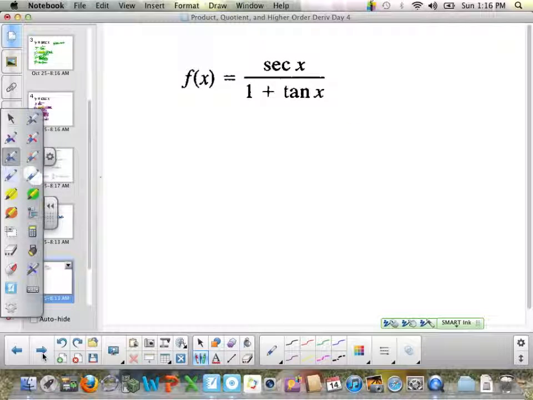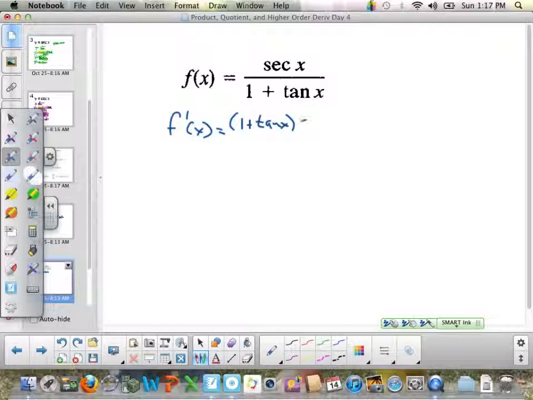F of x equals secant x over the quantity 1 plus tangent x. Couple ways we could look at this. The easiest way would be to use the quotient rule, because we got a division. So we'll go f prime of x equals bottom times the derivative of the top.